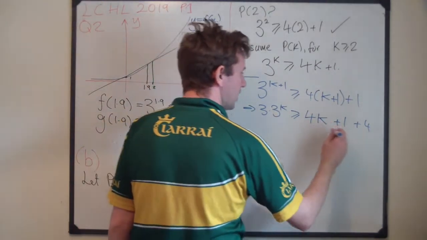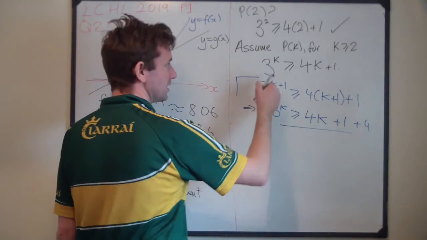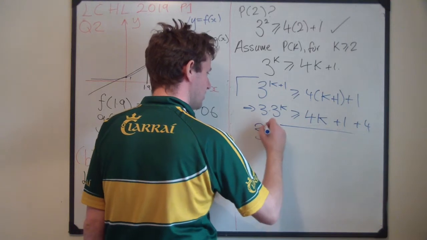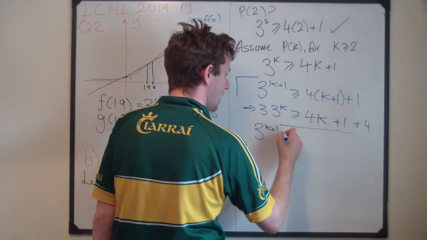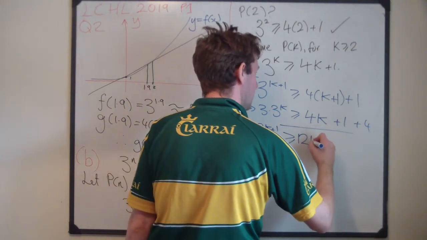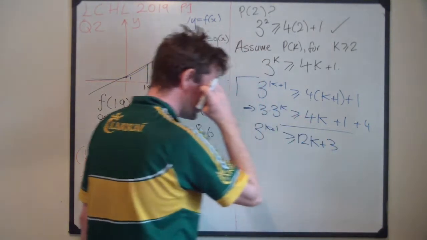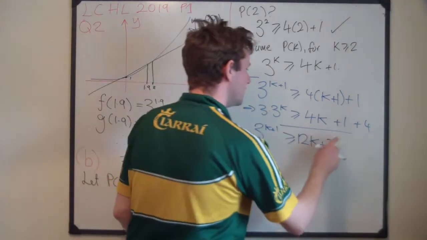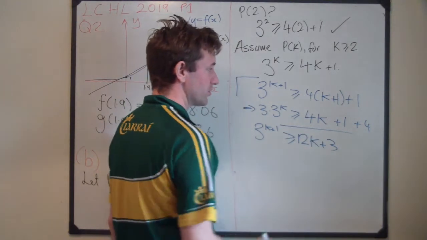So park this part of the rough work and try something else. If I multiply both sides of this by 3, what do I get? I get 3 to the power of k plus 1, and if this is true and I multiply both sides by 3, I'll get here 12k plus 3. Now it should be possible to show that this is greater than 4k plus 5.